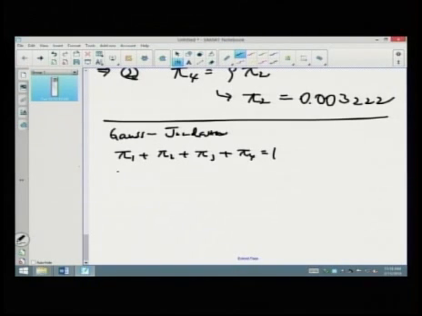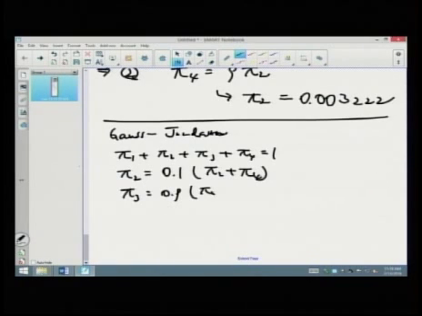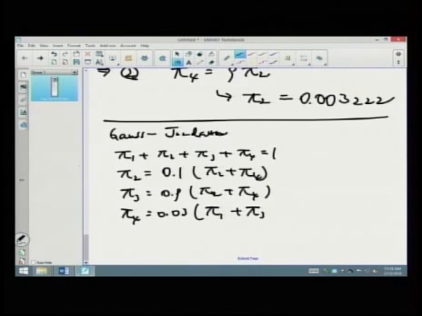Which is here: pi 2 equals 0.1 pi 2 plus pi 4, pi 3 equals 0.9 pi 2 plus pi 4, pi 4 equals 0.03 pi 1 plus pi 3. Okay?